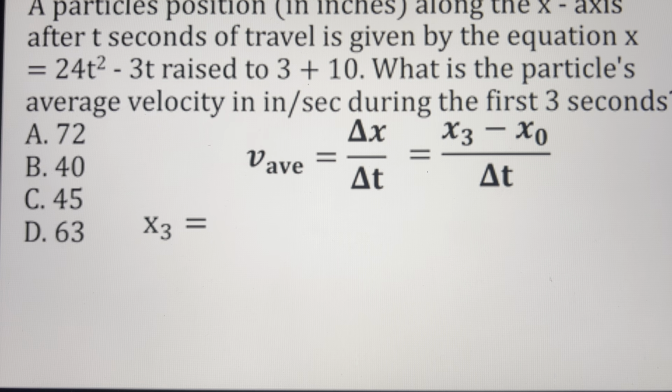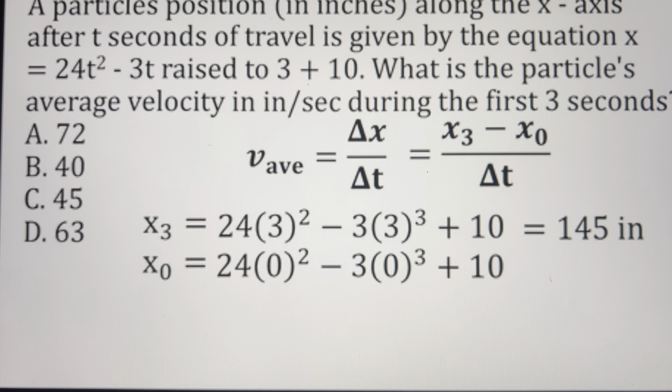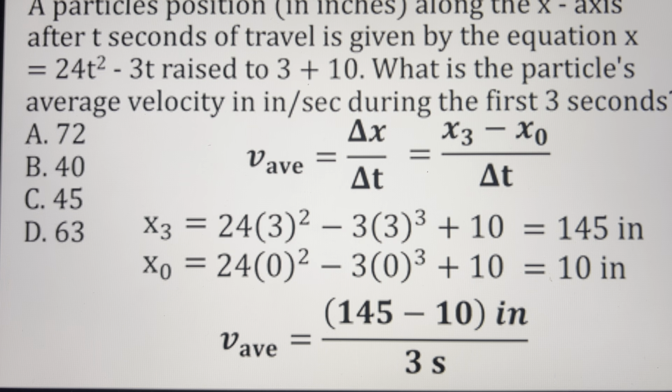So when my t is 3, just change all of the values of t into 3 seconds. So the value of x at the 3rd second is 145 inches. And at the 0th second, t will be equal to 0, so the value here will be 10 inches. And the average velocity will be the change of our x, that's 145 minus 10, over the change in time, and that will be 3 seconds. So the answer will be 45 inches per second.